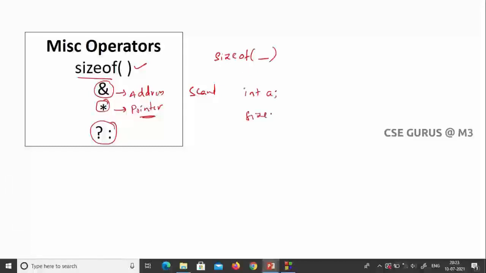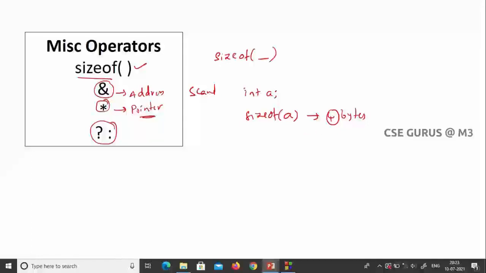If I ask you what is sizeof a, the output will be 4 bytes in all advanced compilers, and in old compilers like Turbo C it is 2 bytes. Now it is taking 4 bytes, that's why the answer will be 4.